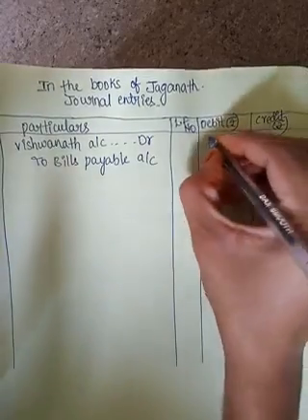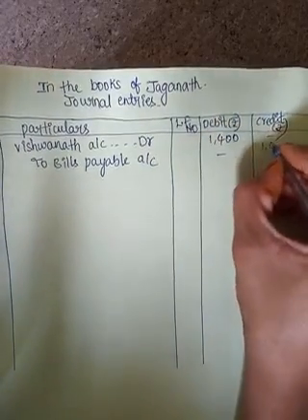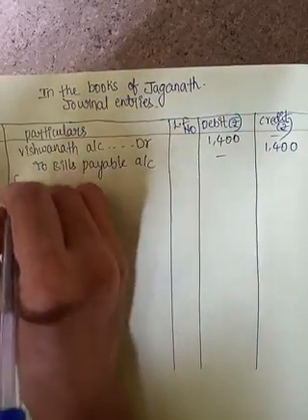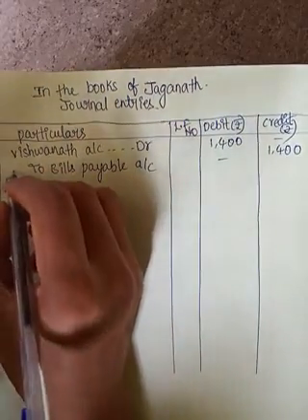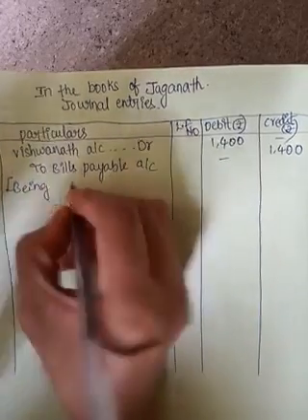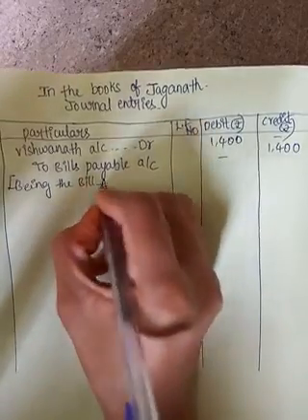Amount is rupees 1400. Narration: being the bill accepted.